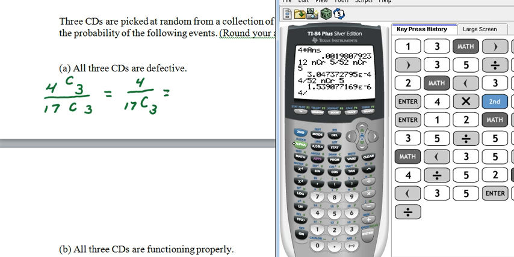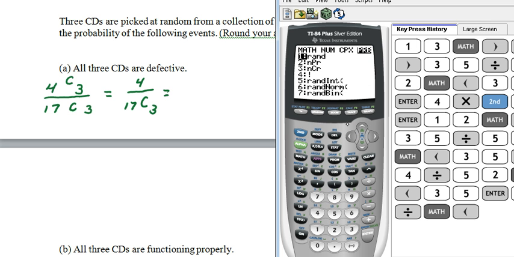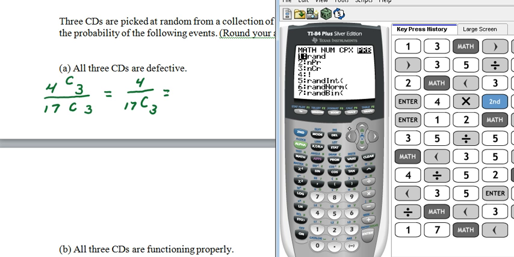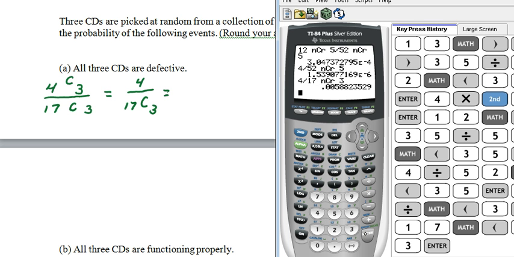I'm sorry, I forgot to put the 17 in there, so I'll back up there. 17, math, left arrow, 3 for NCR, 3, enter. And here we're only supposed to have 3 digits of accuracy, so this comes out to be 0.006.